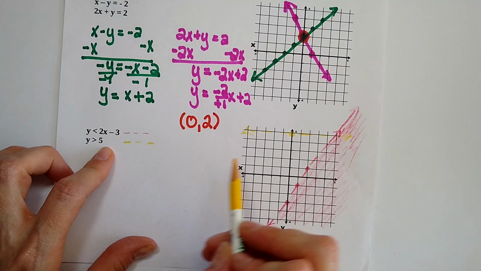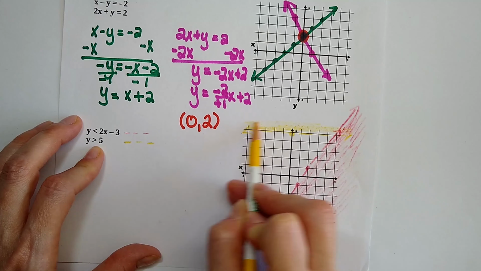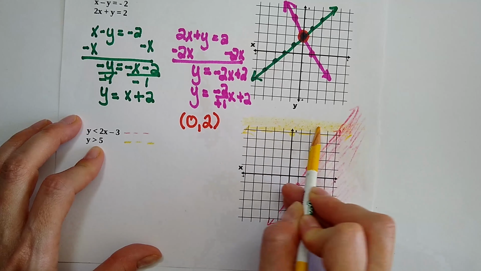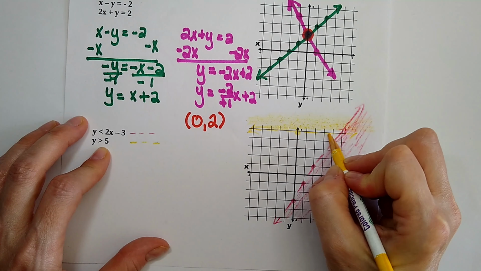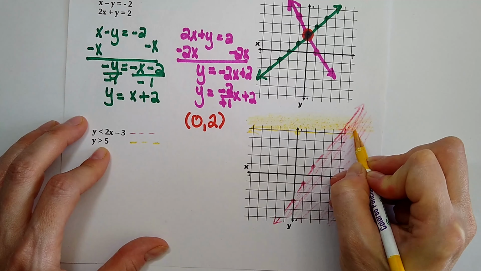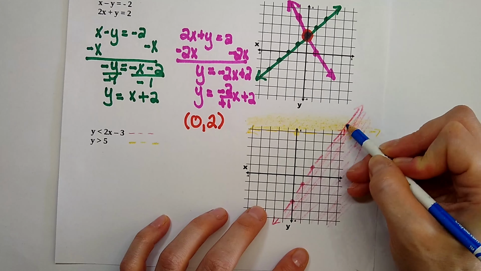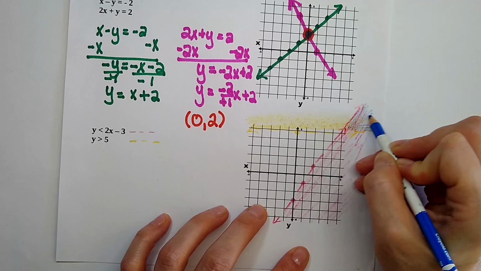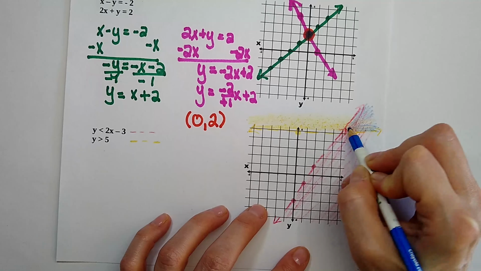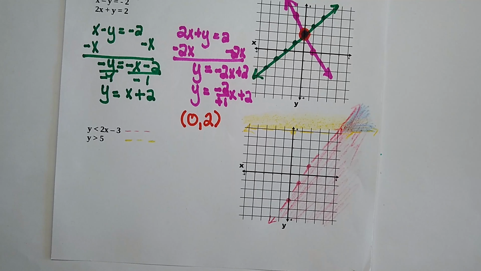And then this one I am shading above. And I can't really see, I've kind of gone off the graph. But do you see where this intersects? It intersects and is double shaded right in this area right here. And I'm going to use a different color so that that's clear where that intersection is. And that is my answer.